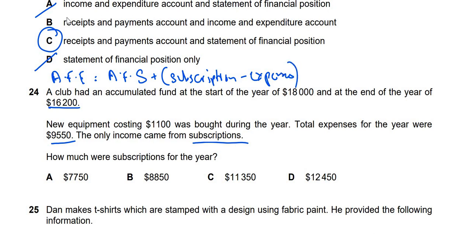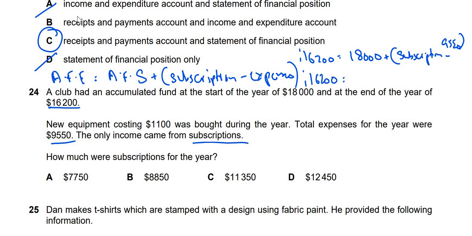Let me write it down. Alright, so you're actually going to do what? 16,200 is equal to 18,000 plus subscriptions minus expenses. How much are the expenses? 9,550. You will subtract 9,550. So this becomes 16,200 is equal to 18,000 minus 9,550, which is 8,450, plus subscriptions.